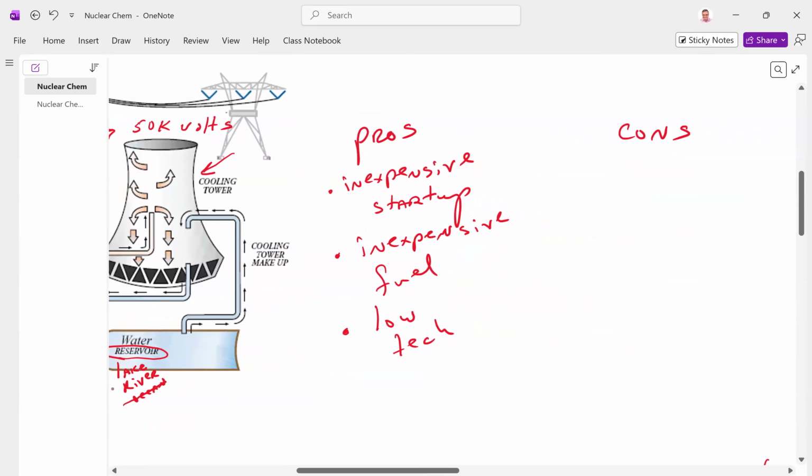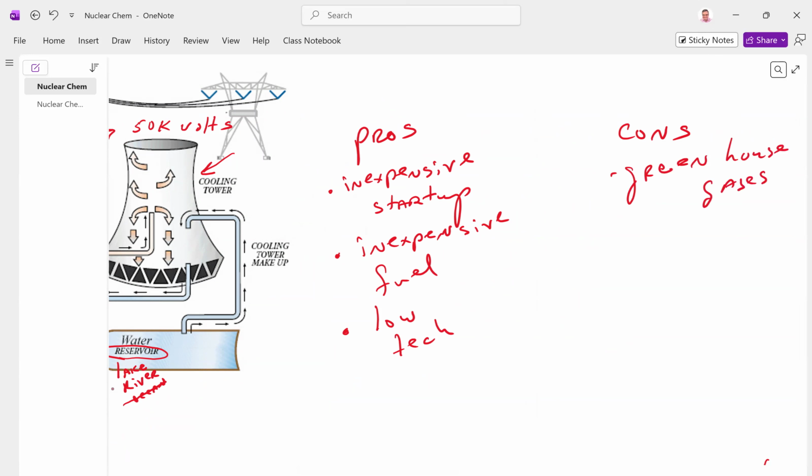Okay, cons. Tons of greenhouse gases. If it's as clean as possible, the least destructive greenhouse gas is carbon dioxide.